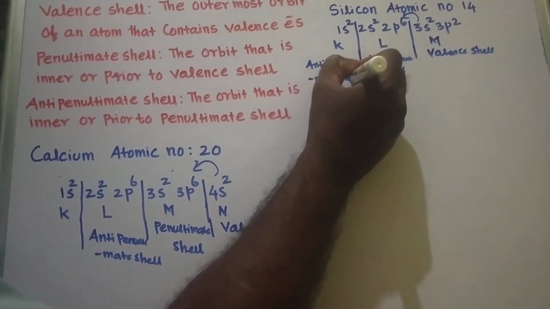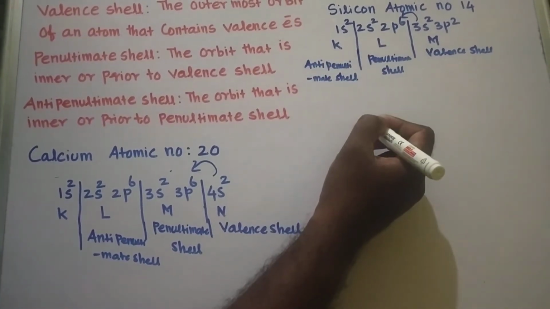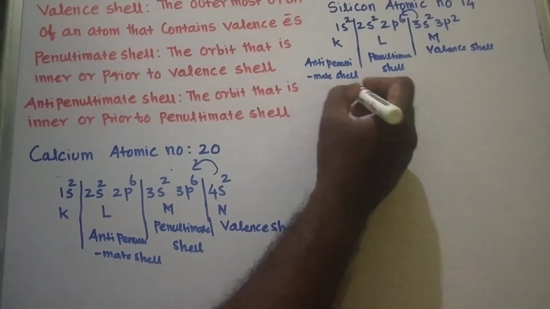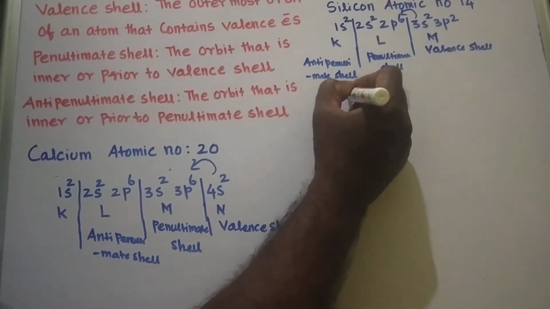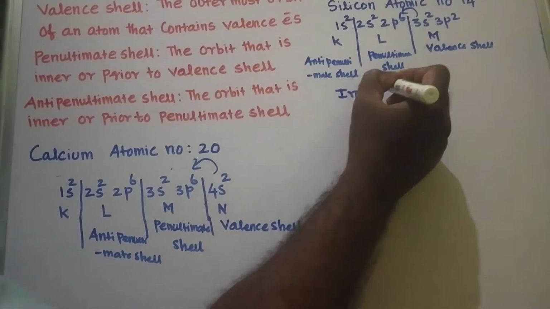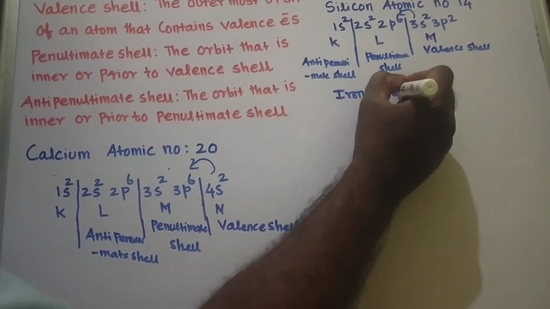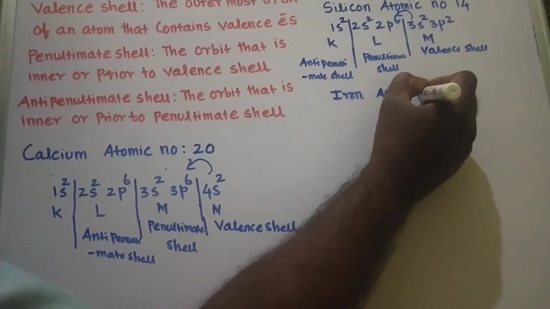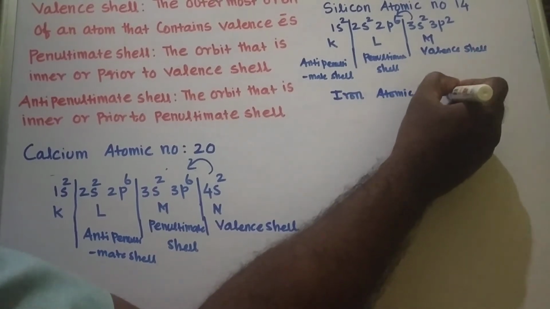Now we are going to take another example, that is iron. For iron, the atomic number is equal to 26.